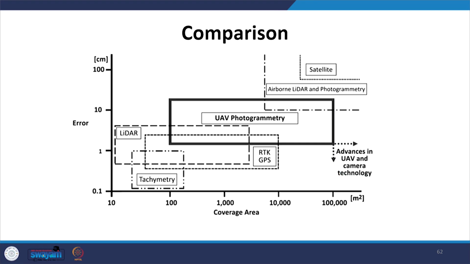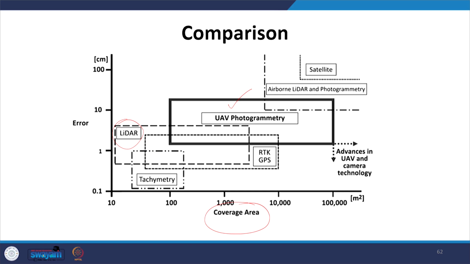Now if we compare the UAV photogrammetry data which you learnt in the previous lecture and the LiDAR data, you can see here the area covered by photogrammetry is much larger as compared to the LiDAR data. That may be a sort of disadvantage, but the advantage is the accuracy.